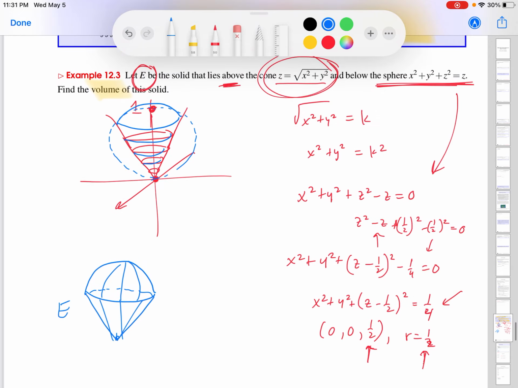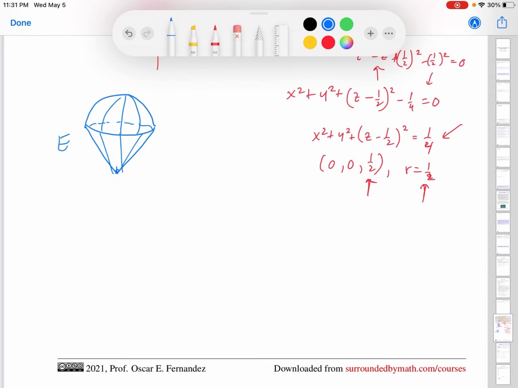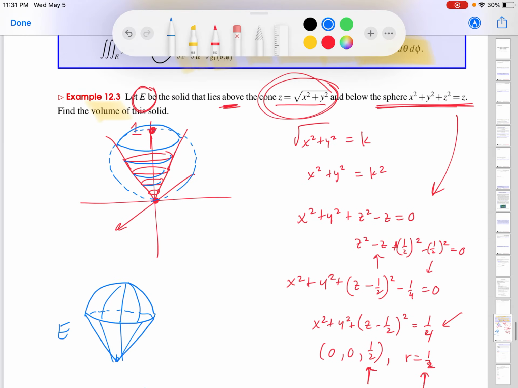As I mentioned earlier in the previous videos, it really doesn't matter where you start. So we're going to have to do a triple integral. We're told that E is the solid that lies above the cone and below the sphere. So what we're integrating here is the function, the surface defined by the sphere.